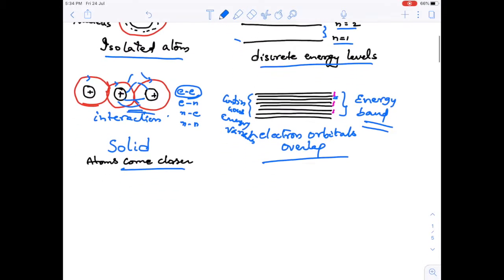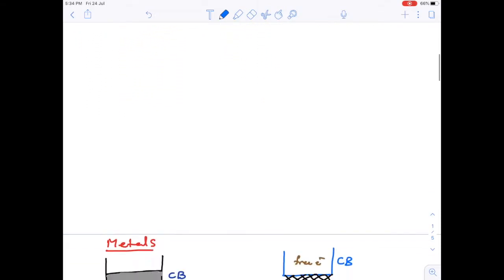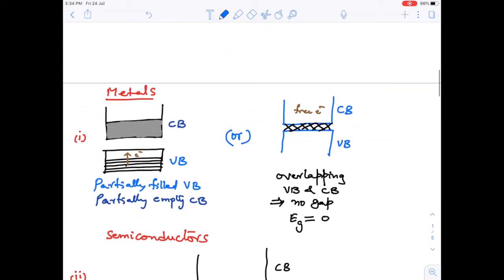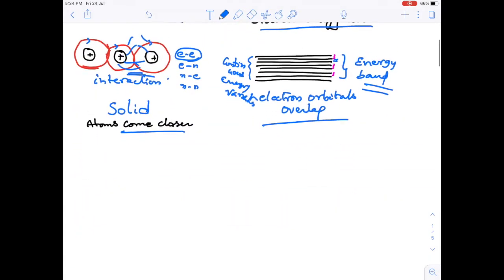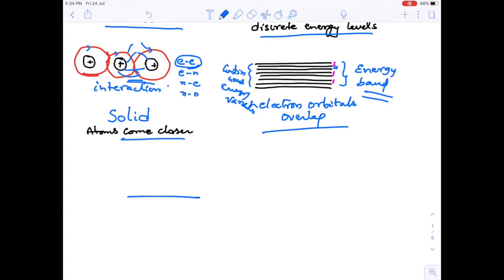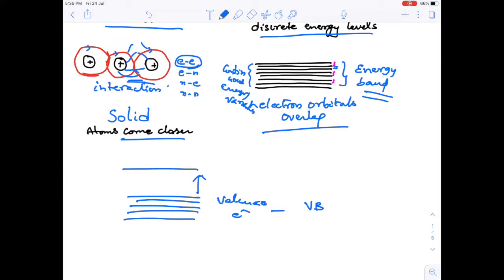Now let us try to understand what are the conduction band and valence band, before we go to metals. If this is an energy band and it is filled with valence electrons, this is called a valence band, and any band above this is called a conduction band.